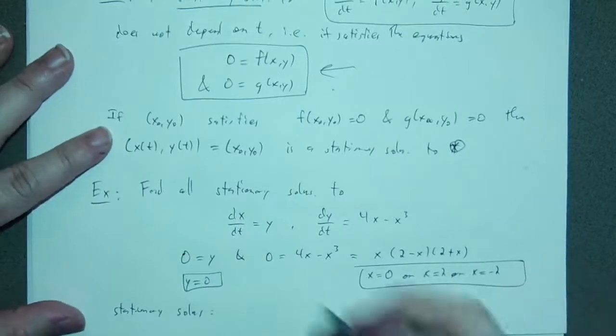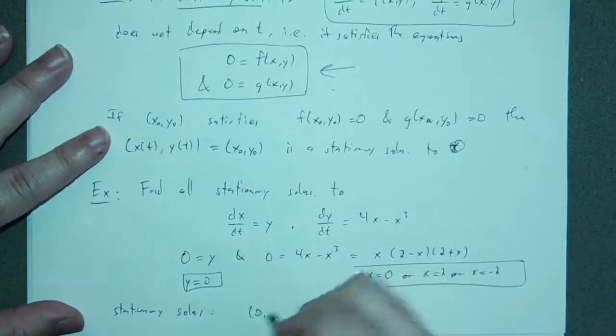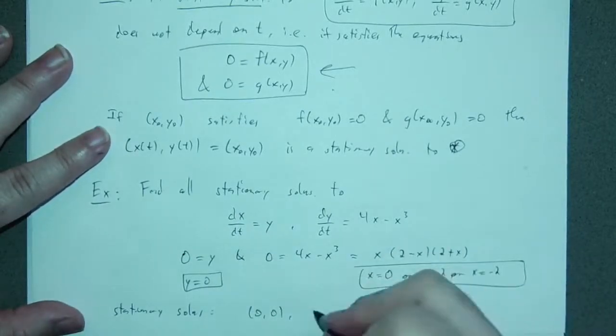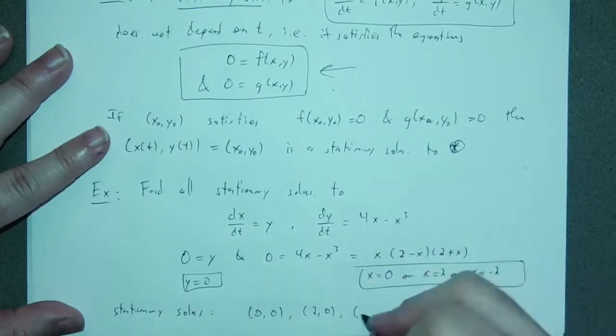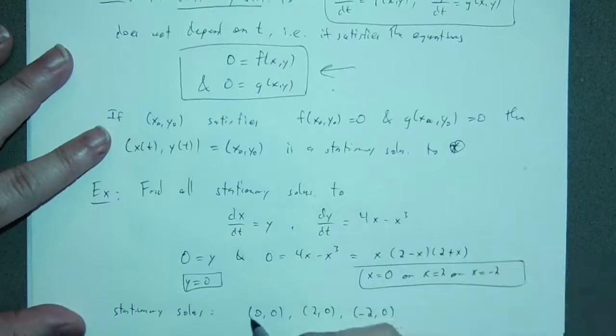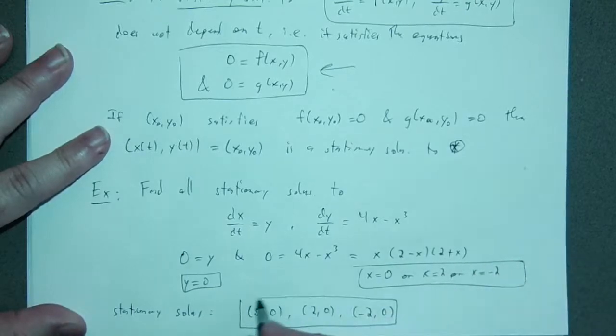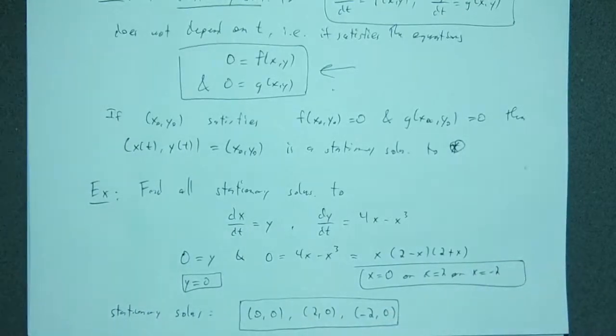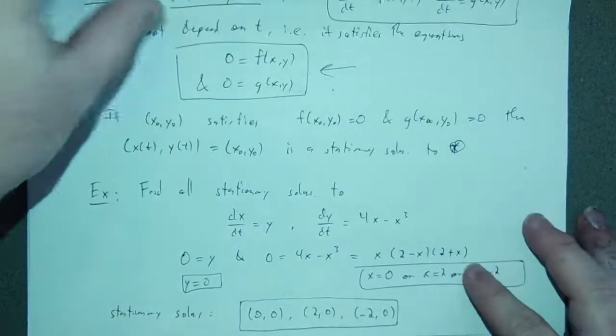Stationary solutions are (0, 0), (2, 0), and (minus 2, 0). There they are. Okay. So I've got three stationary solutions, three different points. Okay. Let's do another example.